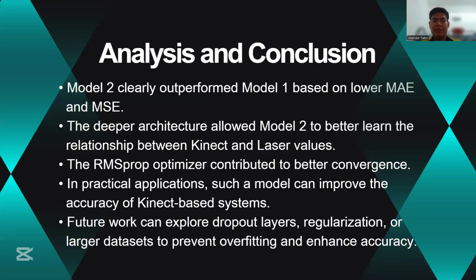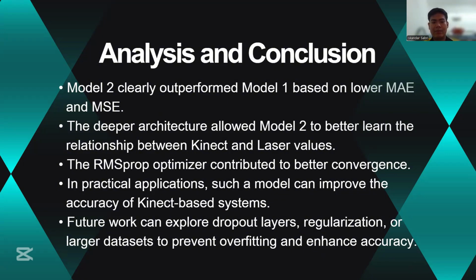And this is for the analysis and conclusion. As you can see in the previous slide, model 2 clearly outperforms model 1 based on lower MAE and MSE. The deeper architecture allows model 2 to better learn the relationship between Kinect and laser values.